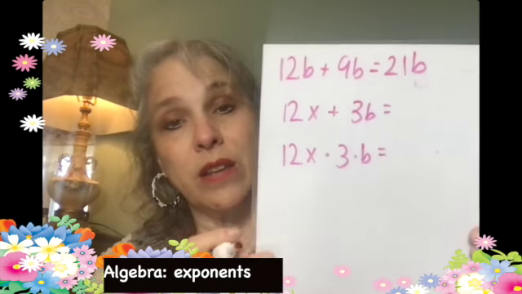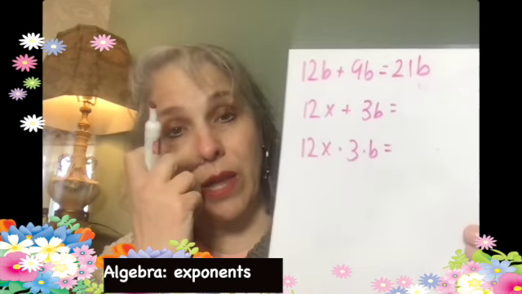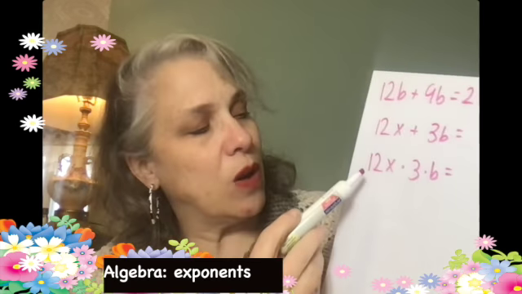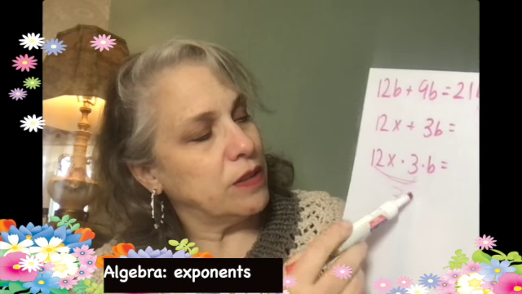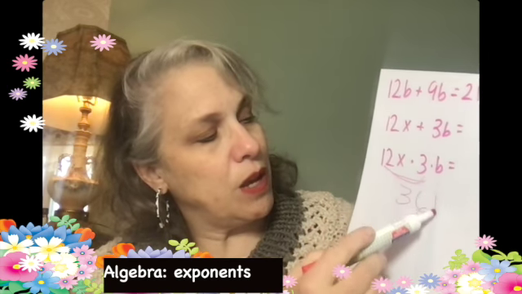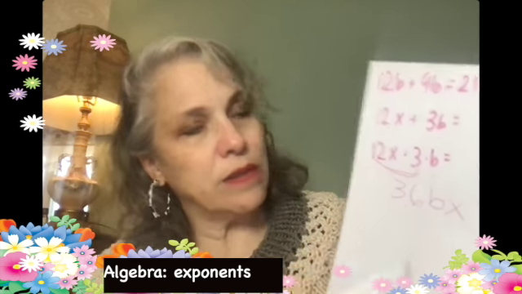Okay, if I had 12x times 3 times b, like this, there's no plus or minus. So I can combine like terms, or I can just multiply everything out. So 12 times 3 is 36 times b times x.